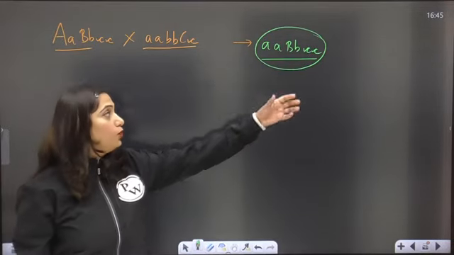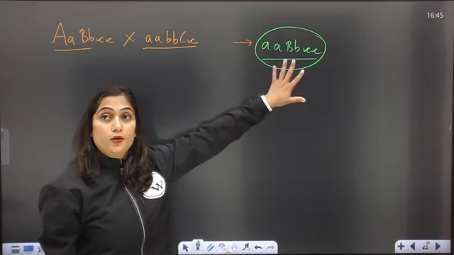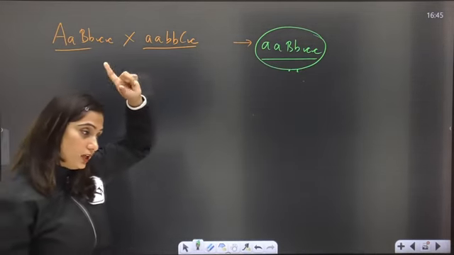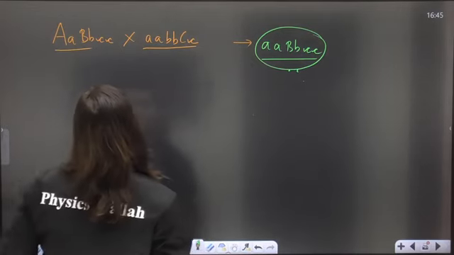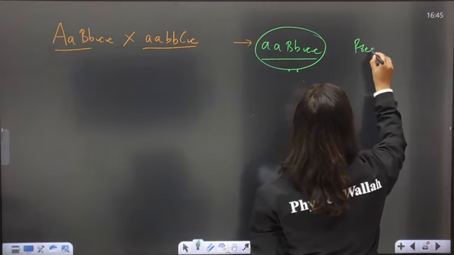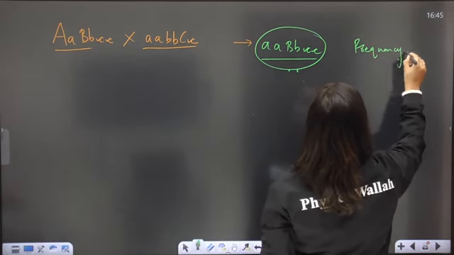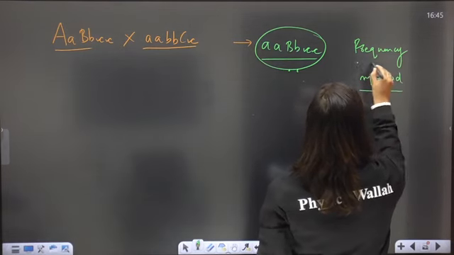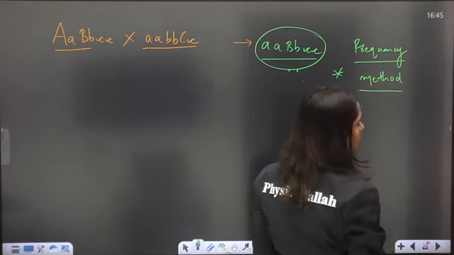You have to tell what proportion of these individuals would be possible if these two are the parents. How do we calculate? For this, we need to know the frequency method.